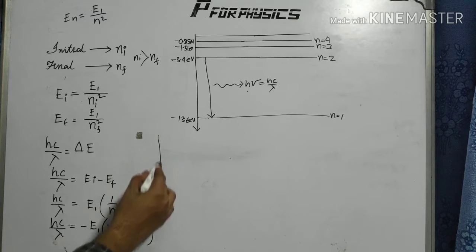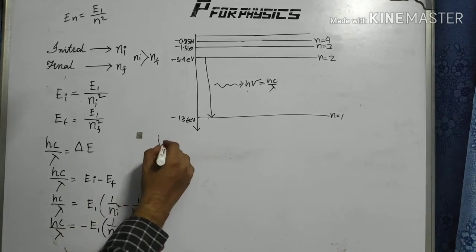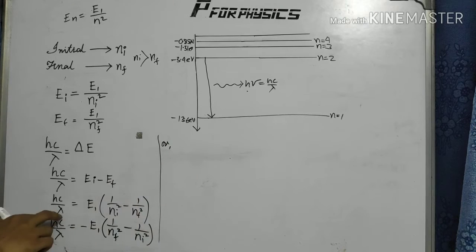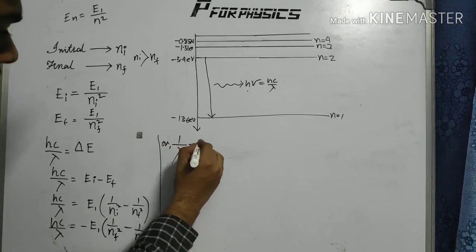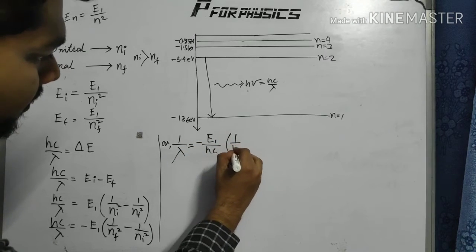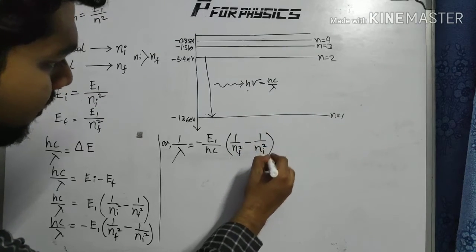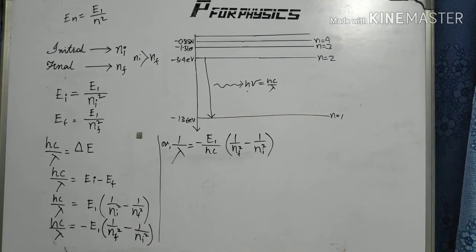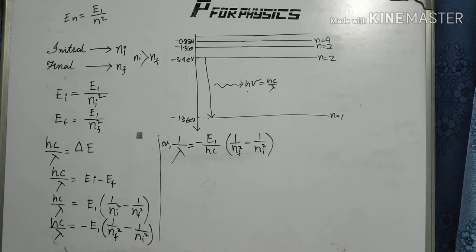Now, let's get these two down to that side. We'll have 1 by lambda equals negative E1 by hc times 1 by nf square minus 1 by ni square. Now look at this very carefully. This E1, h and c, all of them are constant.